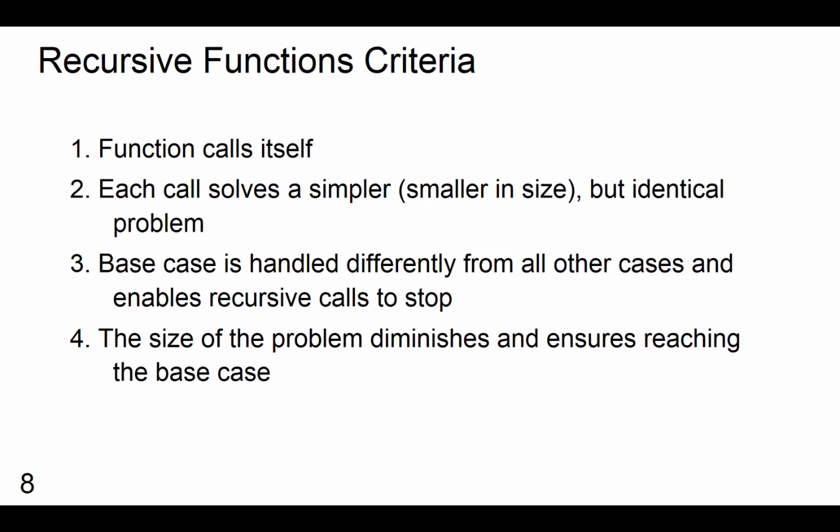Number three, there should be a base case which is handled differently from other cases, which allows the recursive code to stop. Number four, each time the method call will solve a smaller problem, the size of the problem diminishes, which ensures that the base case can be reached.